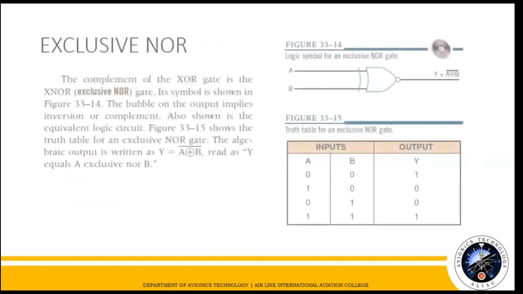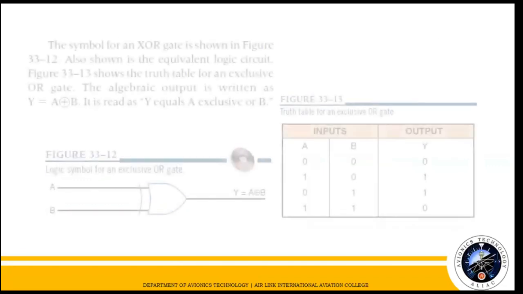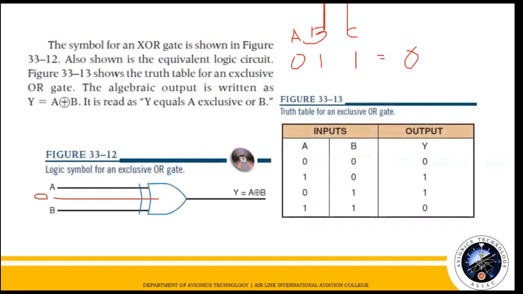So what if naman dito sa meron tayong exclusive NOR gate? Ayan. So the complement of XOR gate is the XNOR or the exclusive NOR gate. So its symbol is shown in the figure. Ayan. Kung mapapansin niyo, balik tayo. Okay, wala siyang bilog dito.